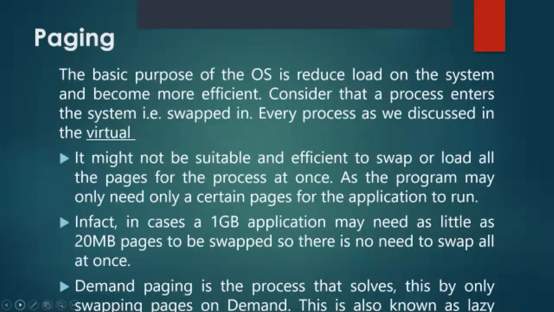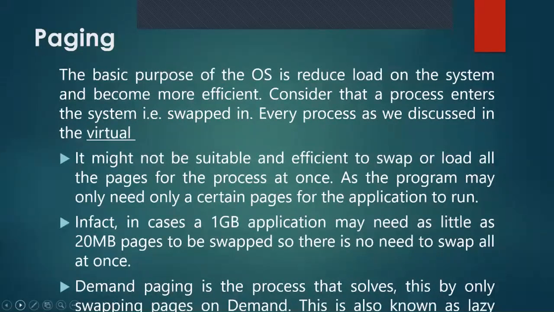Because the program may only need certain pages for the application to run. Understand this: an application, a process, is divided into several pages. If there are 10 pages of a process, then at one time maybe only 2 or 3 pages are required. So only those pages are kept in main memory. The other pages are not required, so they are not brought into main memory.